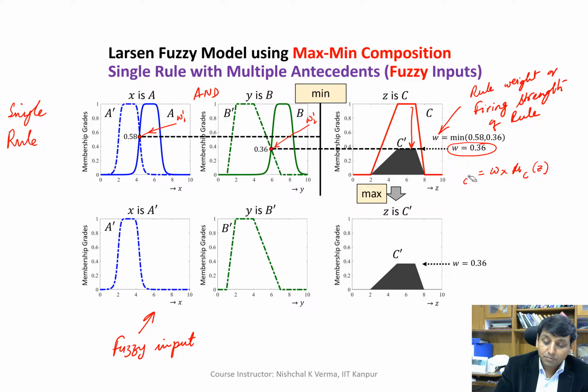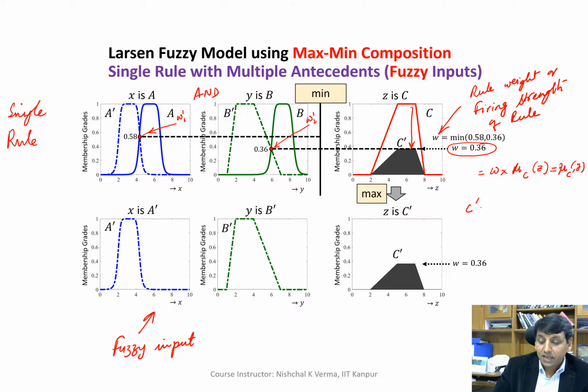I can write here mu C dash of Y. So this is how we get mu C dash, and then from here we can write the C.